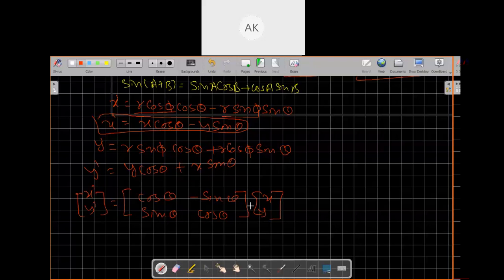So after rotating the coordinates 0 0, you get 0 0.